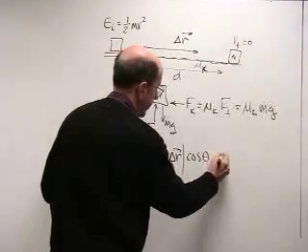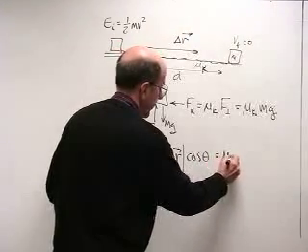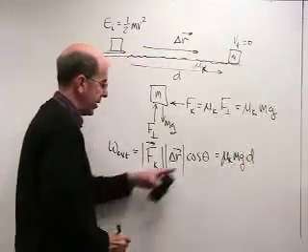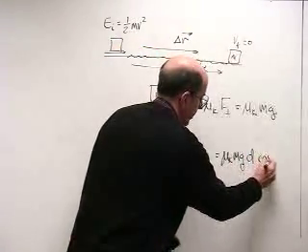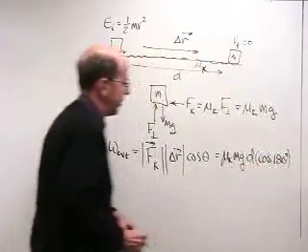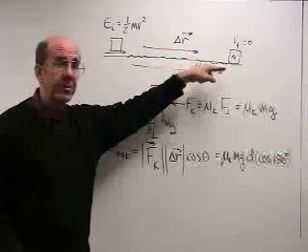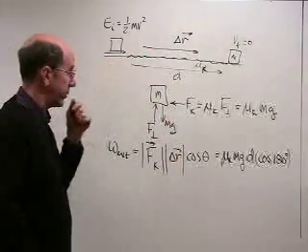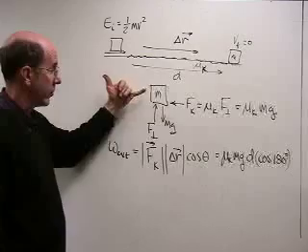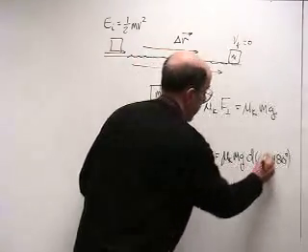That's going to be equal to mu k times mg times the distance that we moved, and the cosine of the angle between them is 180 degrees, right? Because the object is moving that way and the force is going in that direction, so they are opposed to each other. Those two vectors are anti-parallel. This becomes a -1.